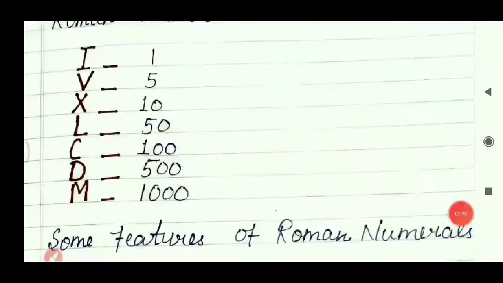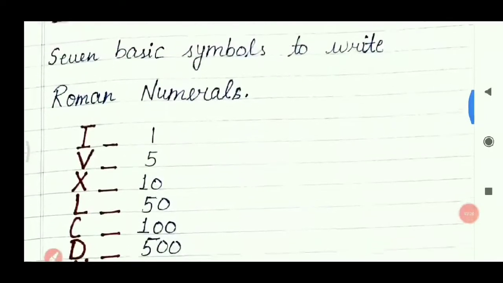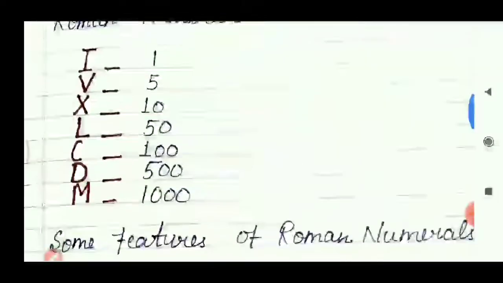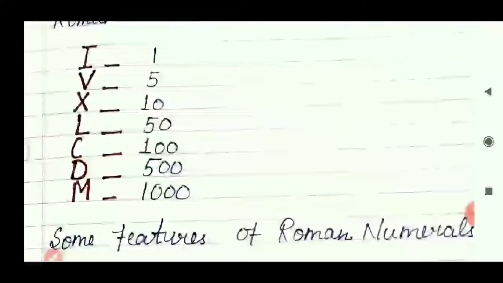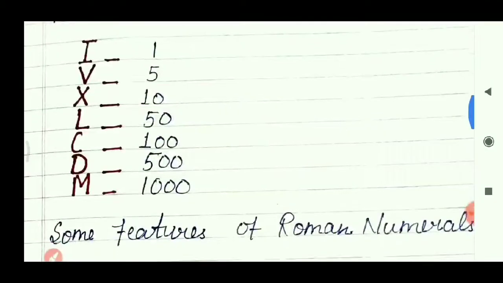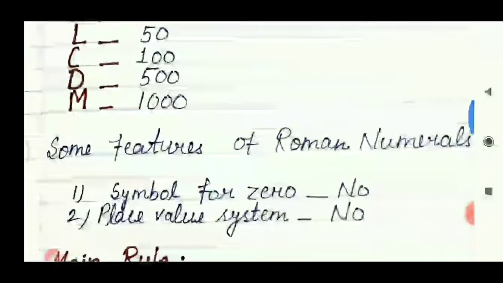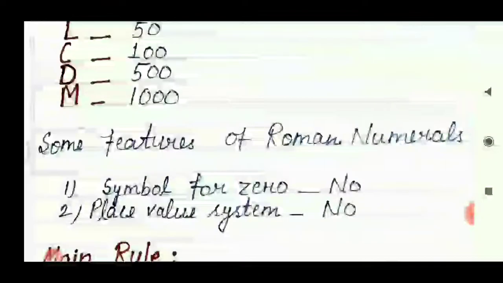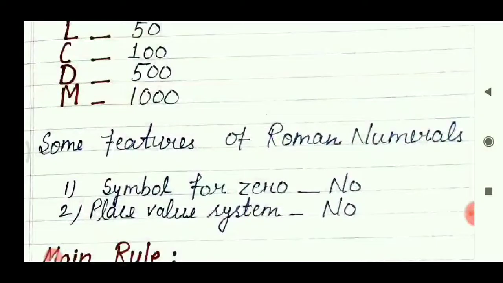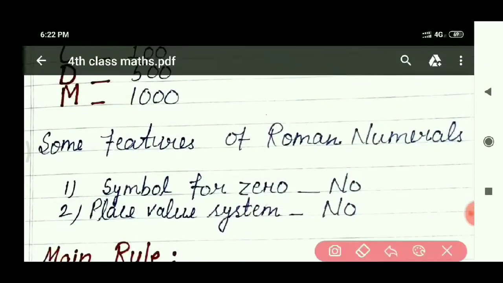Now students, these are the 7 basic symbols to write Roman numerals. So always remember them. Then after, here are some features of Roman numerals. First one is the symbol for 0.